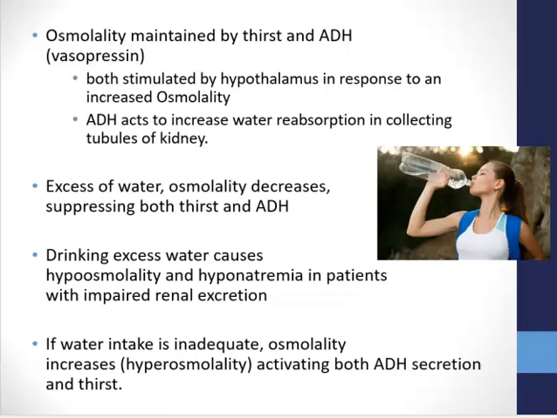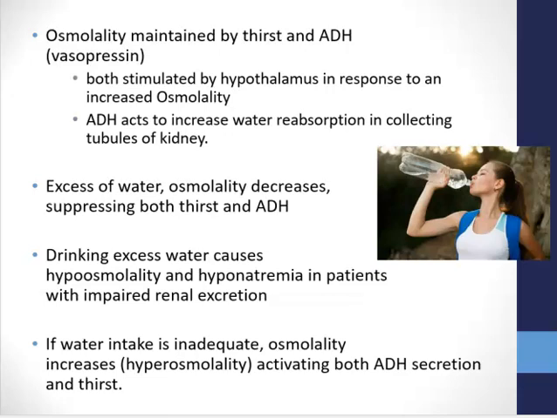It's both stimulated by the hypothalamus in response to an increased osmolality. ADH acts to increase water absorption in collecting tubules of the kidney. When there's an excess of water, osmolality decreases, suppressing both thirst and the hormone ADH.